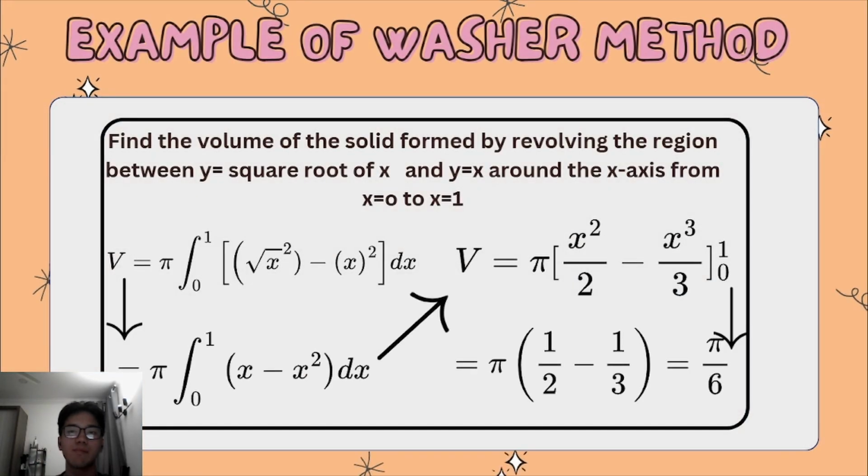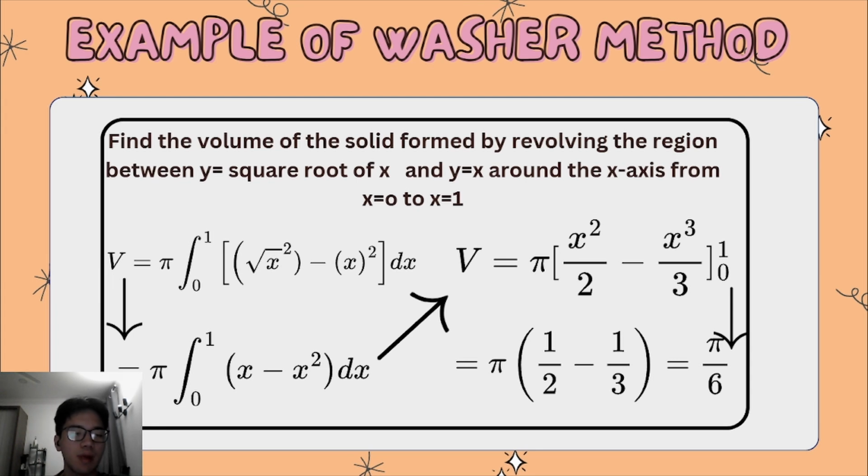So this is the example of the Washer method. The question is: find the volume of the solid formed by revolving the region between y equals square root of x and y equals x around the x-axis from x equals 0 to x equals 1. At first we use the Washer formula: V equals pi times the integral from 0 to 1 of the square root of x squared minus x squared, dx.